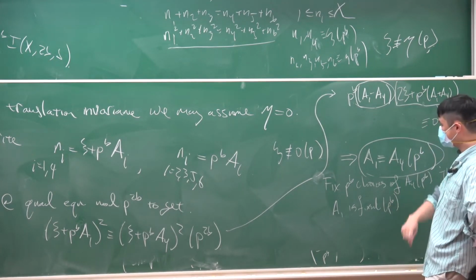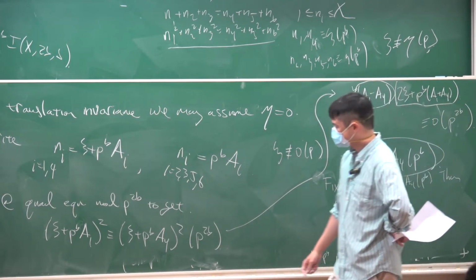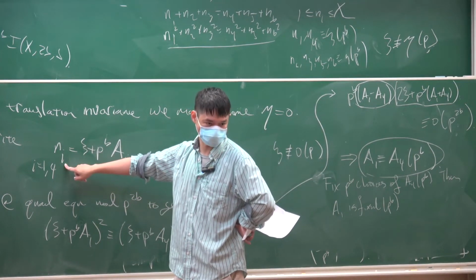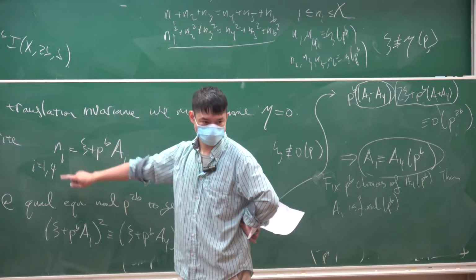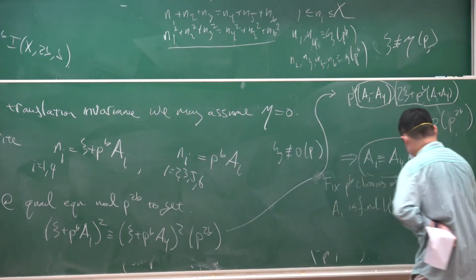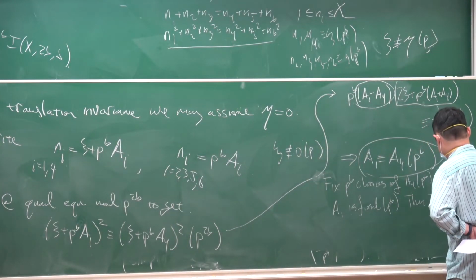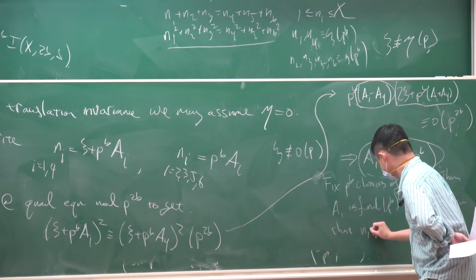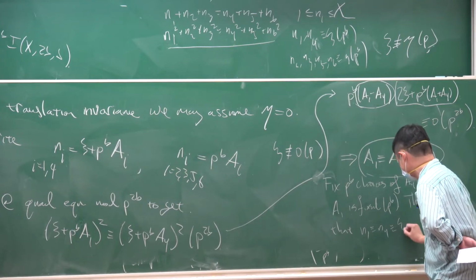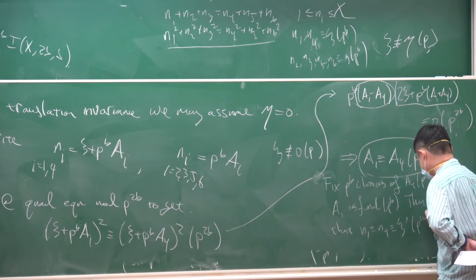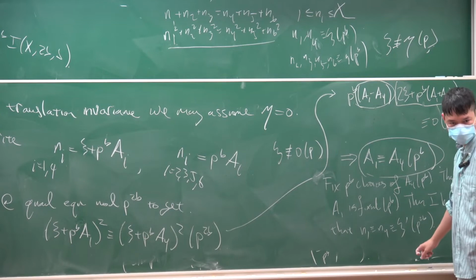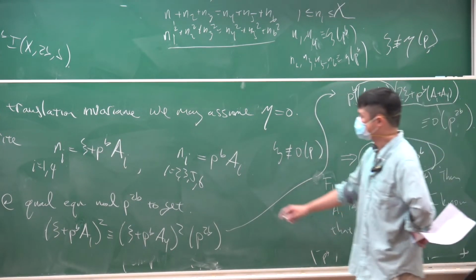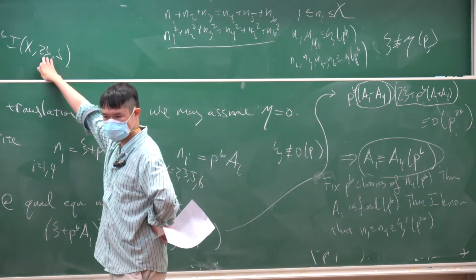If I know what a1 and a4 are mod p to the b, then I actually know what n1 and n4 are mod p to the 2b. Okay. Then I know that n1 is congruent to n4 is congruent to, let's say, some c prime mod p to the 2b. And there are p to the b many possible choices for c prime. And that's where we get 2b over here.